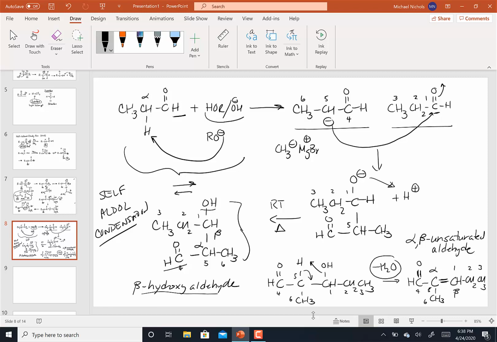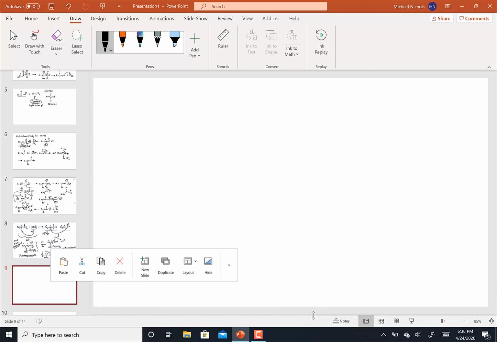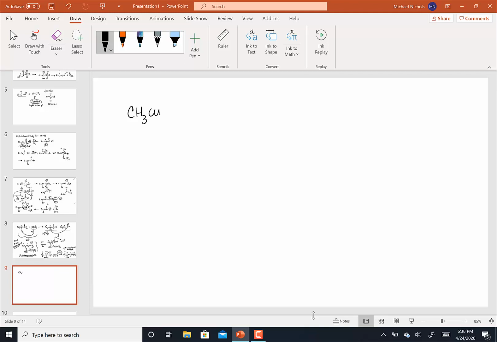Okay, so that's a self-aldol condensation, and whether it's an aldehyde or a ketone, you get the same self-aldol reaction. Aldol doesn't always mean aldehyde, it can be ketone as well. So for instance, usually we like to do reactions with symmetrical ketones.